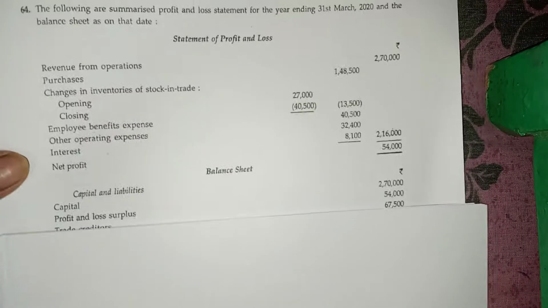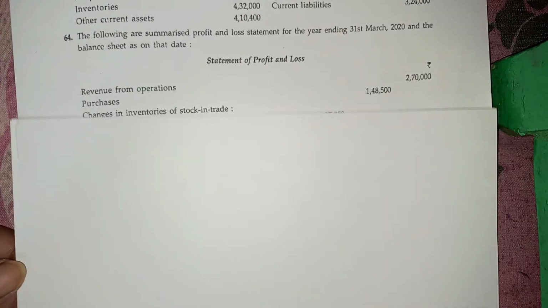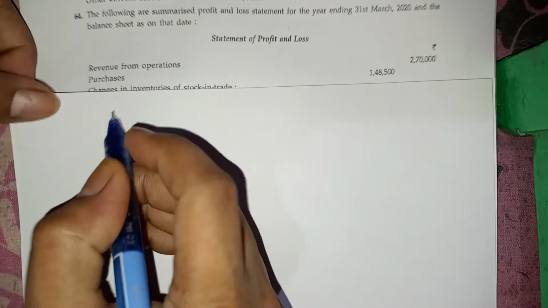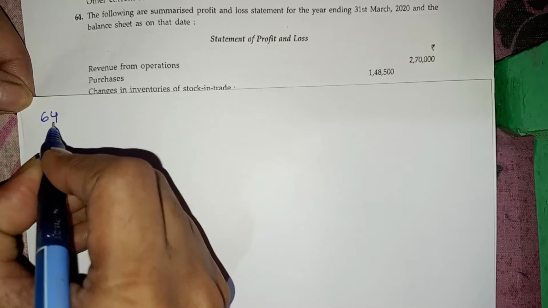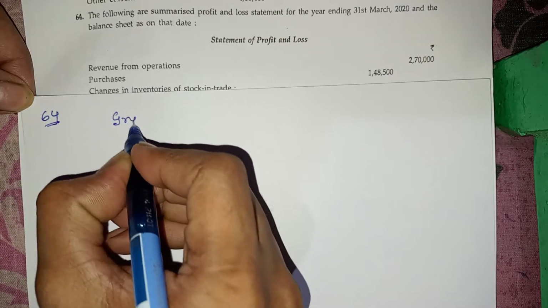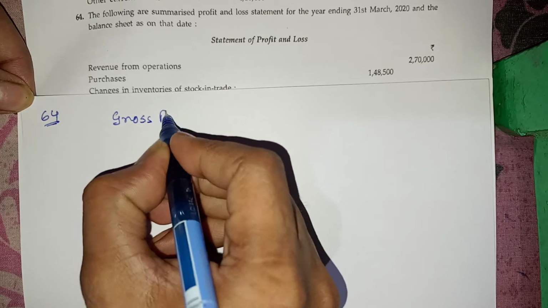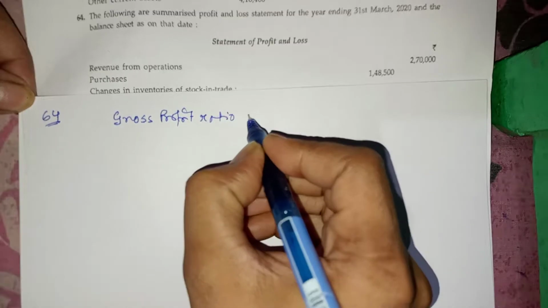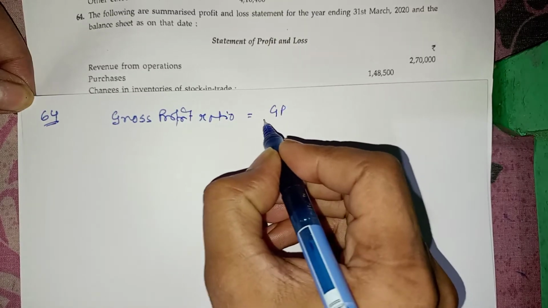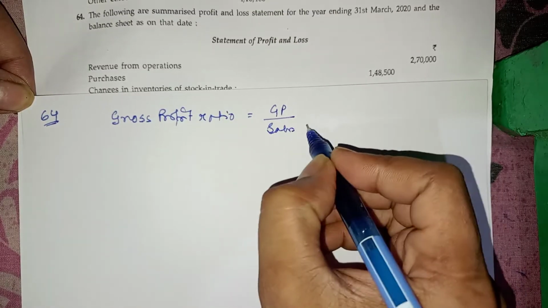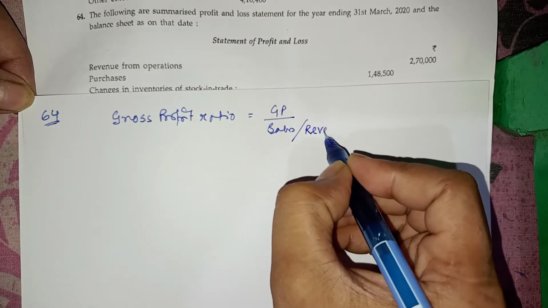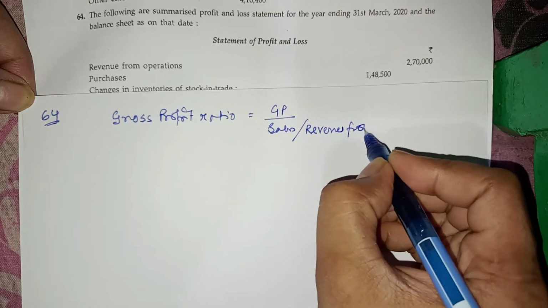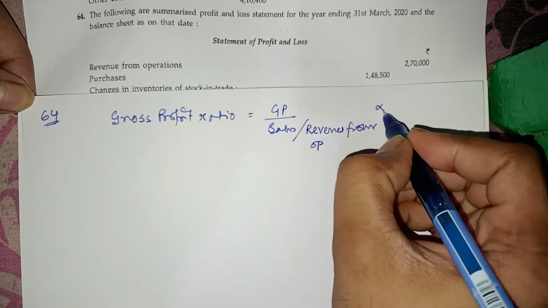Now, as we all know, what is the formula of the GP ratio? The gross profit ratio is equal to gross profit by sales, or we can say revenue from operations, into 100.